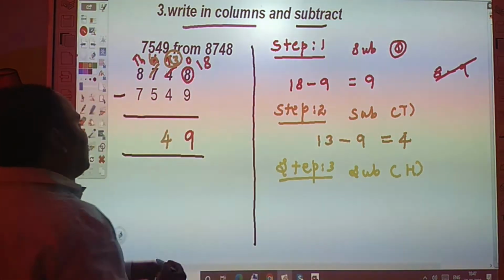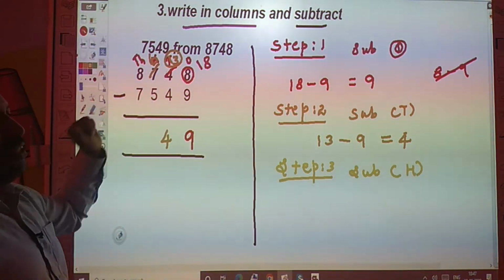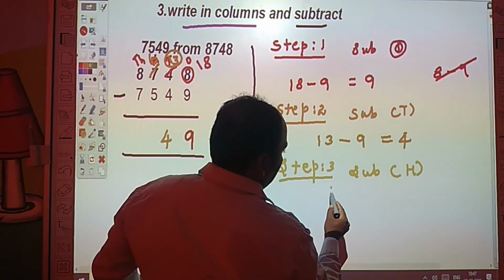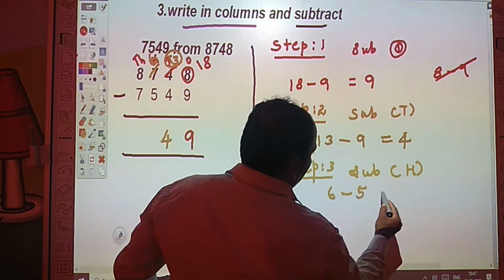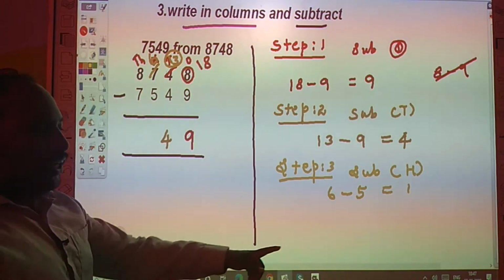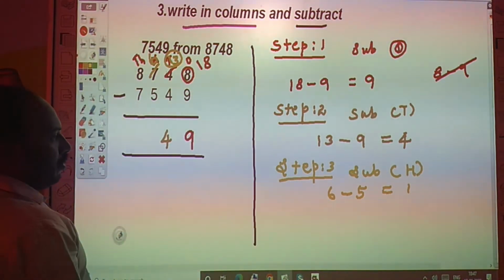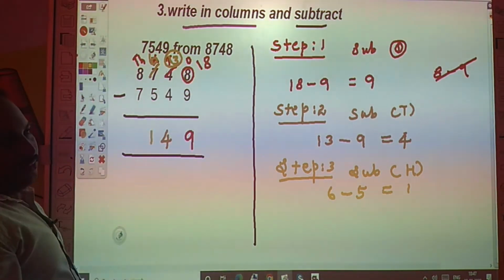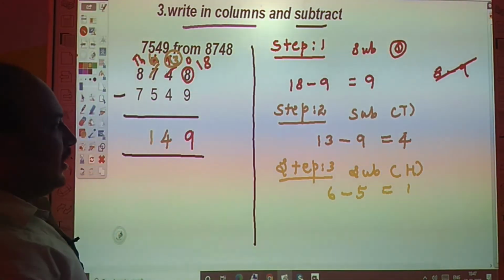Here the hundreds place is 6 minus 5. 6 minus 5 is equal to 1. 1 means 100. 100, write in hundreds place. Next we go to the thousands place.